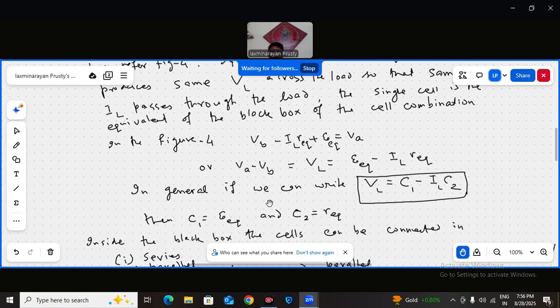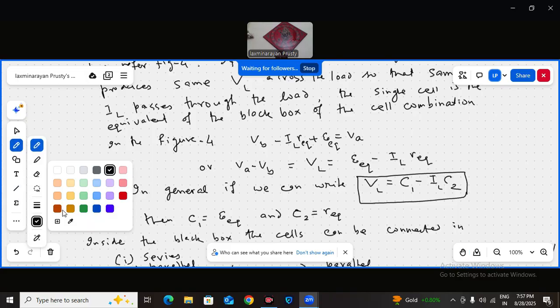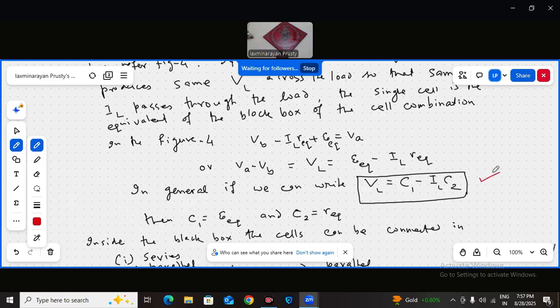Okay, so in general, if we can write VL, means V across the load, as C1, one constant, minus I through the load into C2, where C1, C2 are two constants. If I can write like this, it's very important.